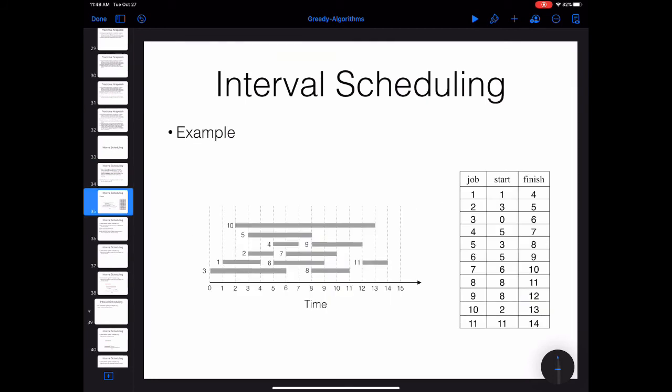I have 11 jobs and all the starting and finish times for all of them are written here. What is the optimal answer for this problem? Think about it. I'm not going to actually give the optimal answer on this one now. Let's just think about the greedy strategies that might come to mind.